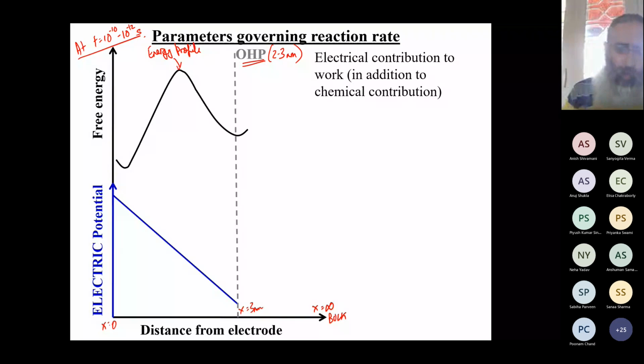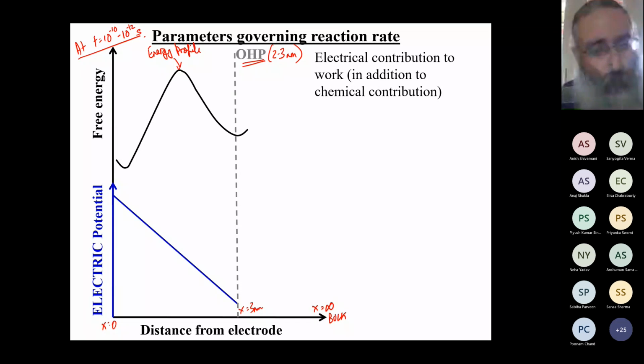We are interested in what can happen very close to the interface, so we take the outer Helmholtz plane as the outer bound. We are not going beyond this. The electric potential is definitely going to exist, because the Stern model or the Gouy-Chapman modification says that after this, the potential decays in an exponential fashion.